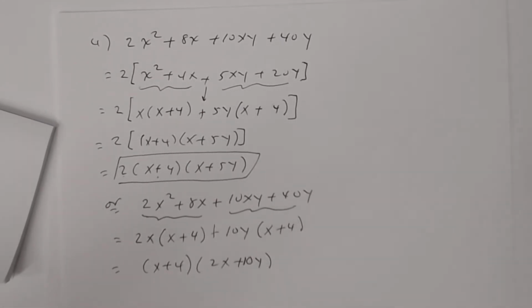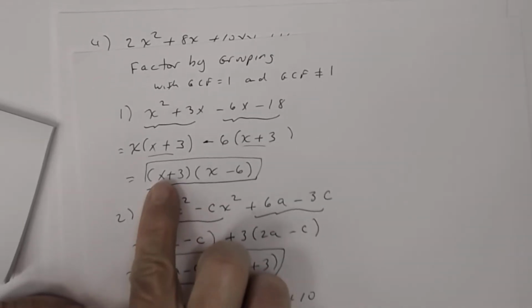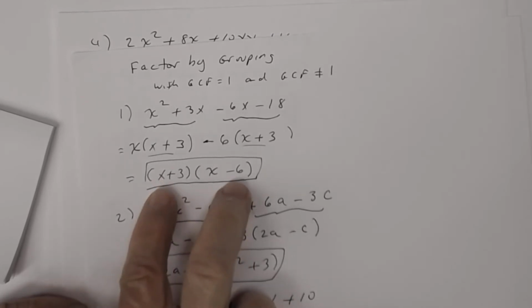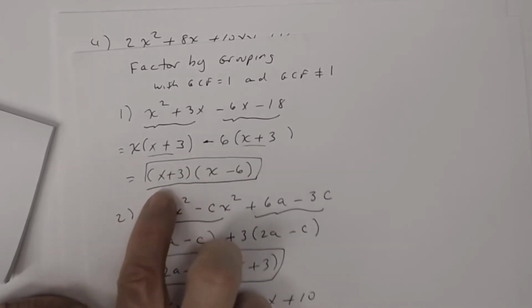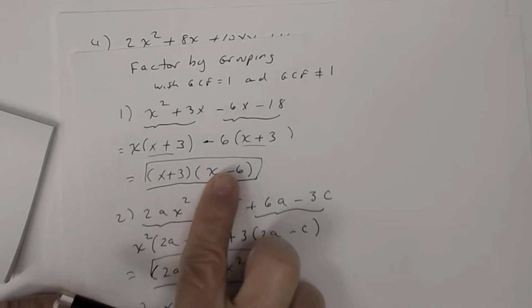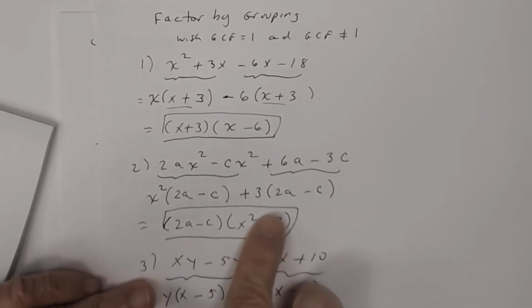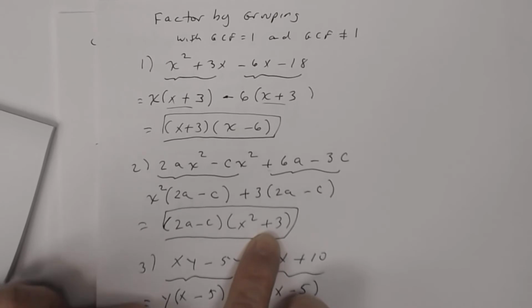Now, we're not done, but remember when we came here, we asked ourselves, you got to make sure that those factors are factored completely. So what's the GCF of x plus 3? 1. What's the GCF of x minus 6? 1. What's the GCF of 2a minus c? 1. What's the GCF of x plus 3? 1.